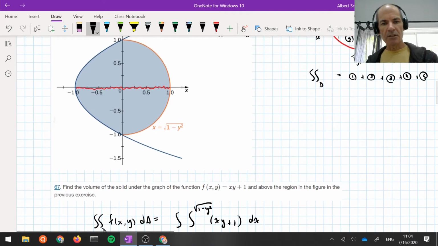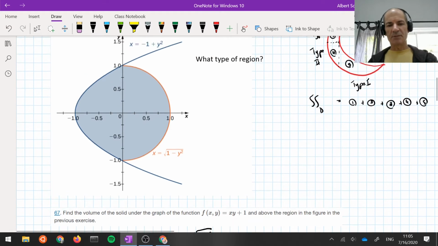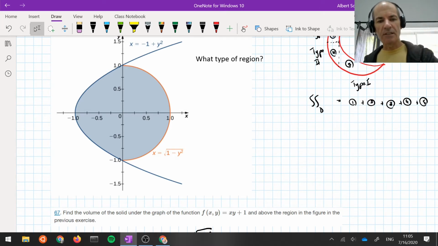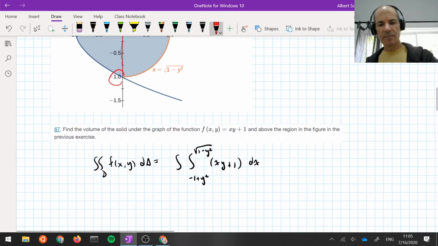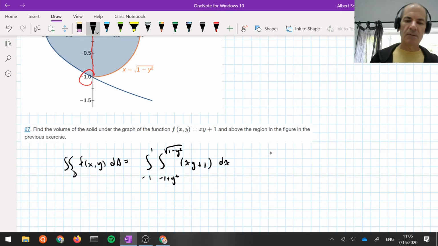Oops, I'm sorry, this is a type 2 region. Okay, start over again. We want to smash this thing onto the y-axis. We want to figure out the limits in the y direction. So we take this thing and we smush it horizontally onto the y-axis. What's it going to cover? It's going to cover the interval from -1 up to 1. So we'll put a -1 as the lower limit and a +1 as the upper limit.